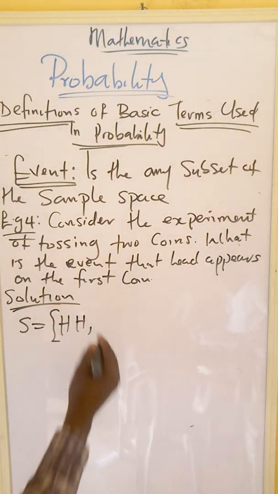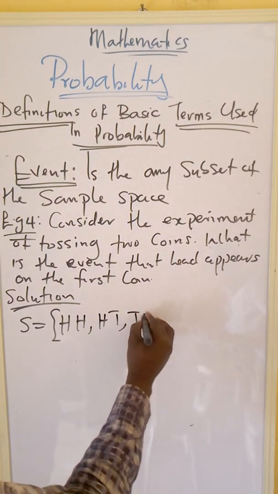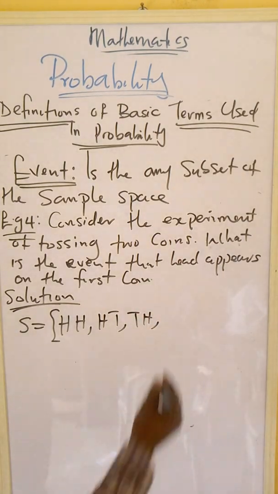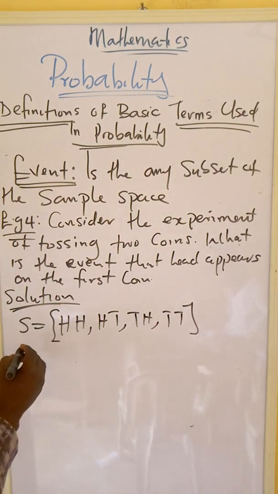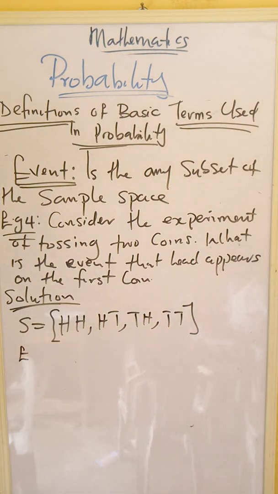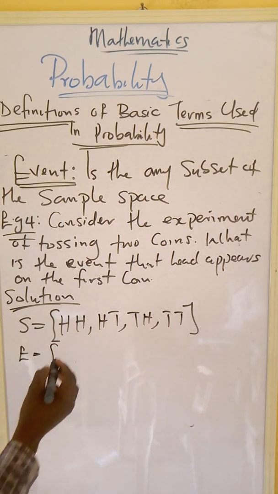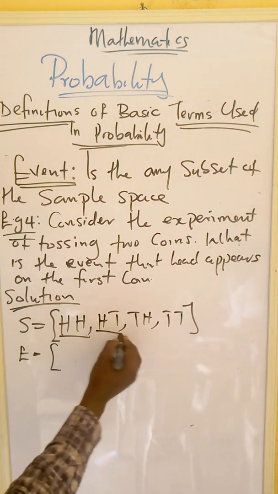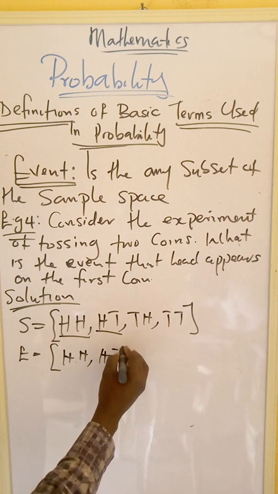We throw it up again, it gives us head, tail. We throw it up again, it gives us tail, head. And we throw it again, it gives us tail, tail. Now, what is the event that head appear first? We have this place and this: head, head, and head, tail.